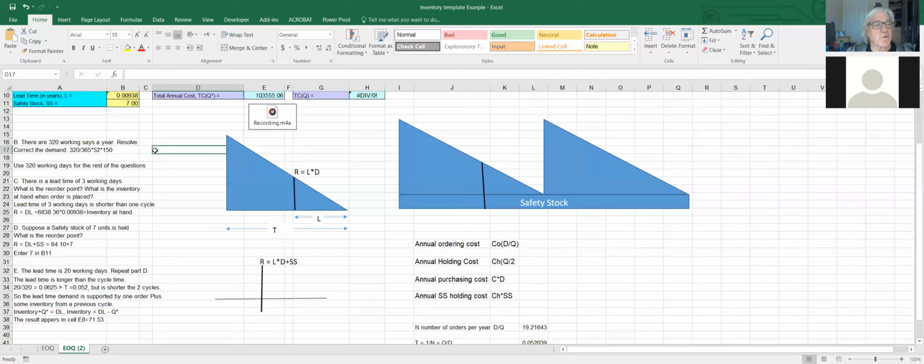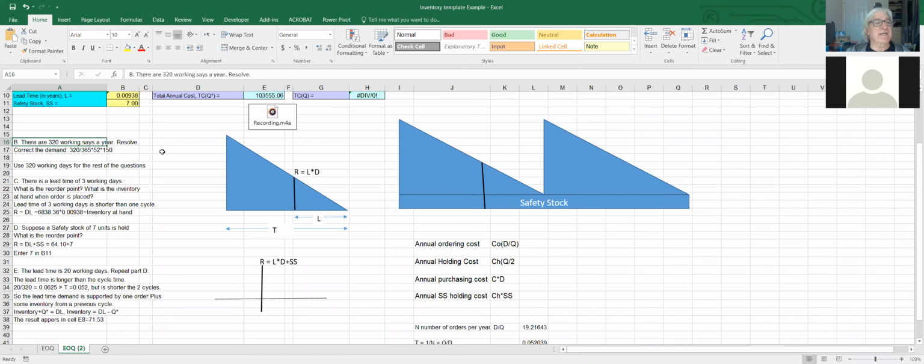But if you work with working days, it's not calendar days. So not necessarily the company is open for 365 days. In this particular example, I showed you a company that is only working for 320 working days. So these are the only days where demand is generated.